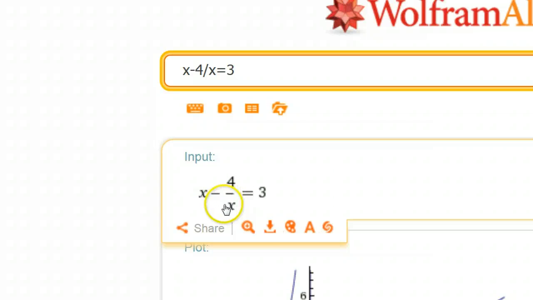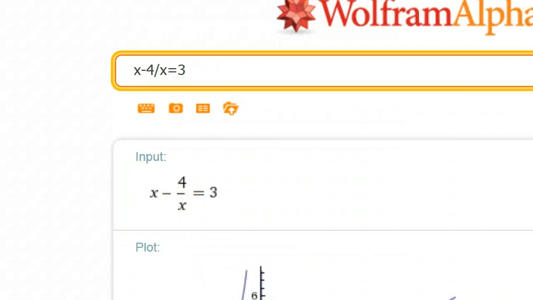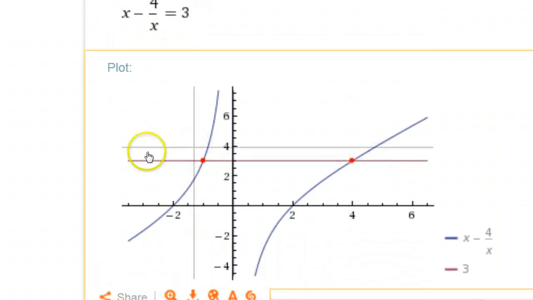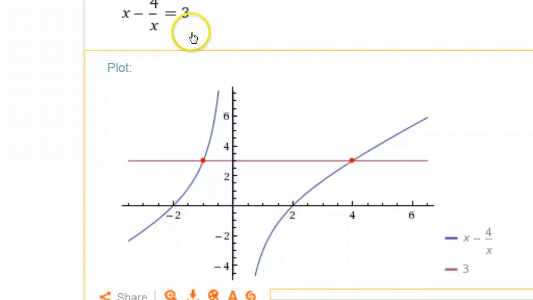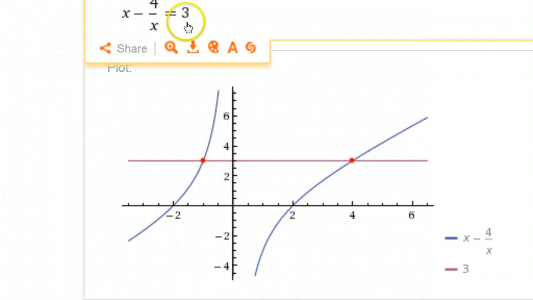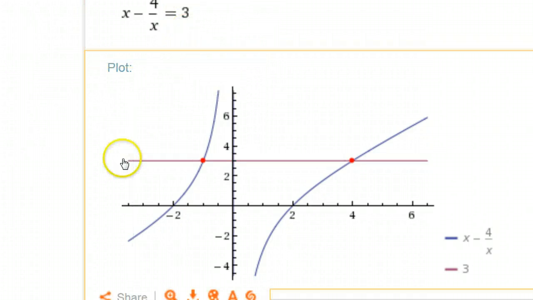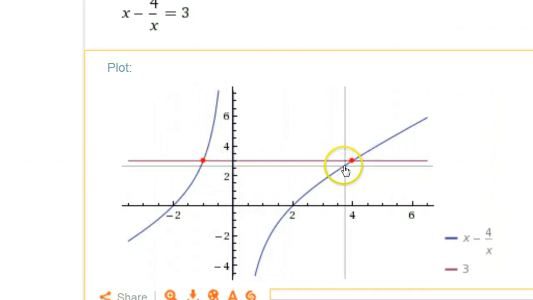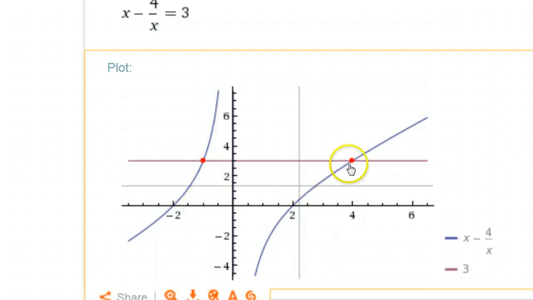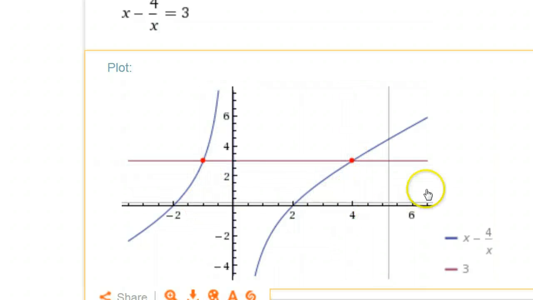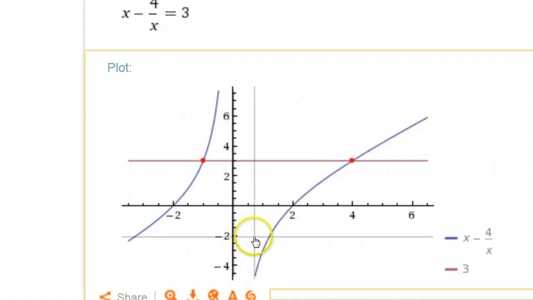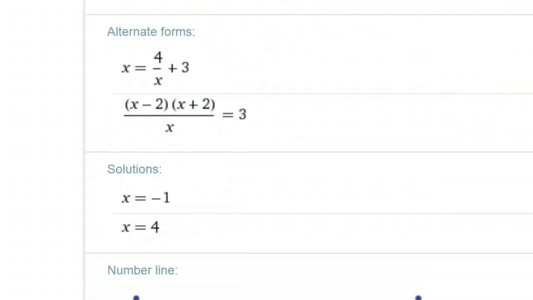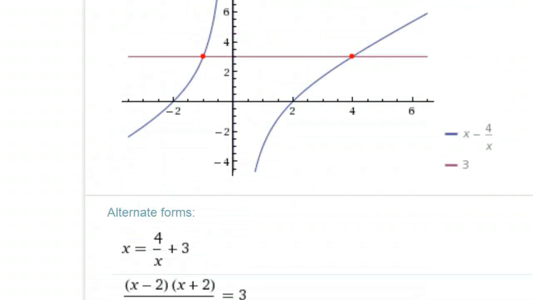Okay, so here's what it thinks that we wanted, and that is correct. And here's the graph of it. You can see here's the 3. This would be like in the graphing calculator, y2 would be this horizontal line at 3. And you see the two intersection points, which seem to be near -2 and +4. You could get your sketch from this picture, but just to be sure, wait, did I say negative?